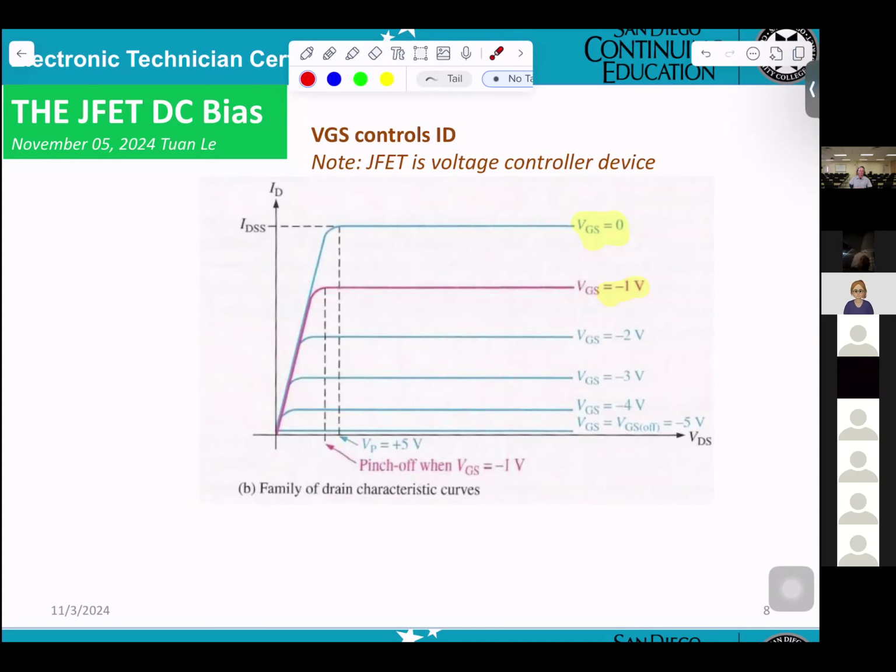That means in a bipolar, you change the current IB, and you change the current IC and VCE. That is the difference between bipolar and JFET.